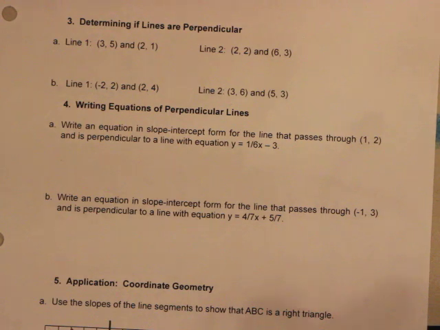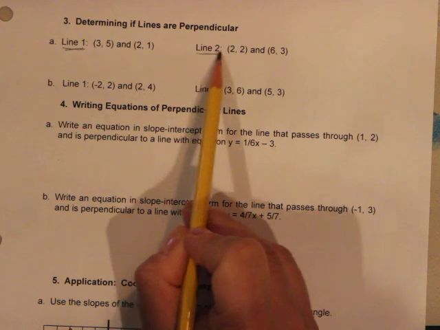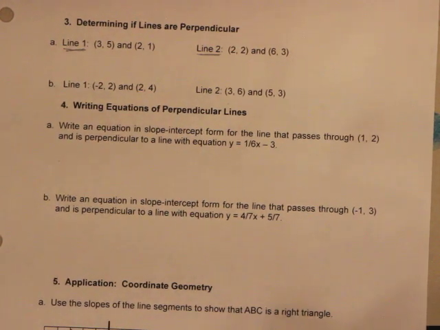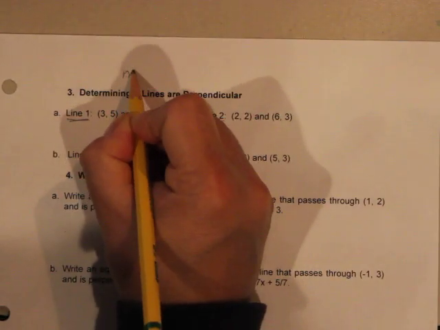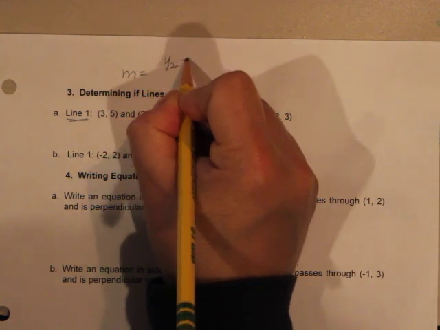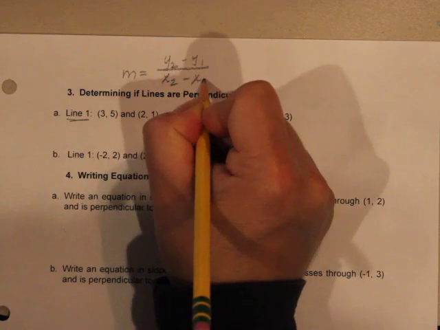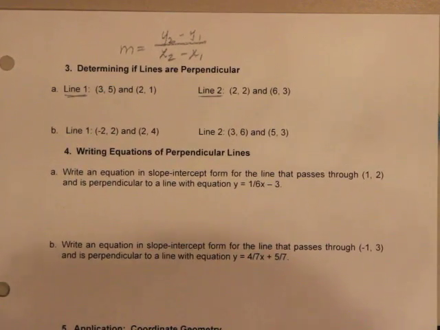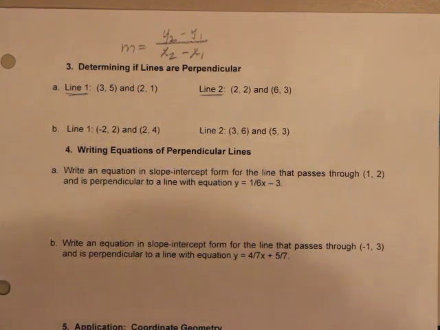We're going to determine between line 1 and line 2 if these slopes are negative reciprocals. So we need to remember one more formula. Okay? Remember, slope is equal to y2 minus y1 over x2 minus x1. If I've got 2 points, then I've got a y1 and a y2 and an x1 and an x2, and all I've got to do is put them in the right place and I can determine the slope.